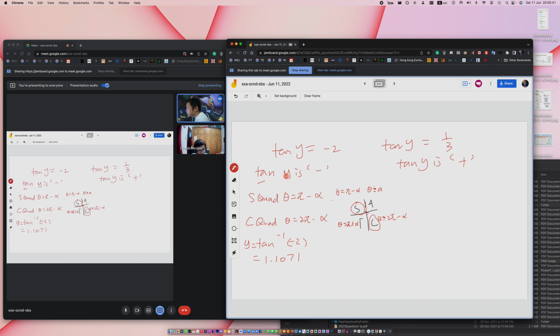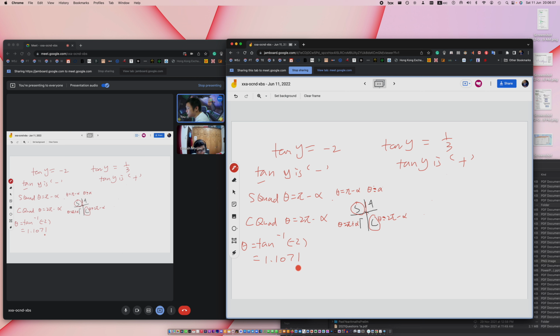Tangent y is negative 2, and the calculator gives you your theta, which is 1.1071. Your calculator always gives you theta.